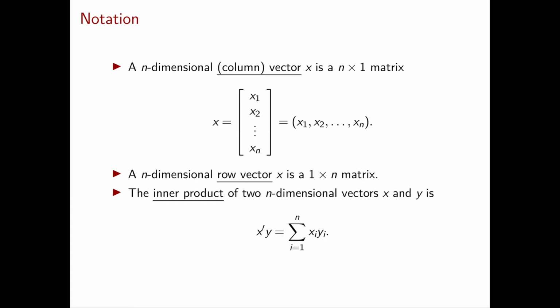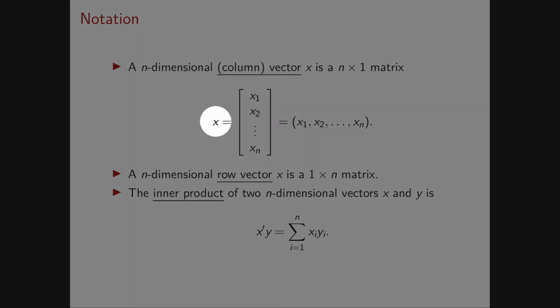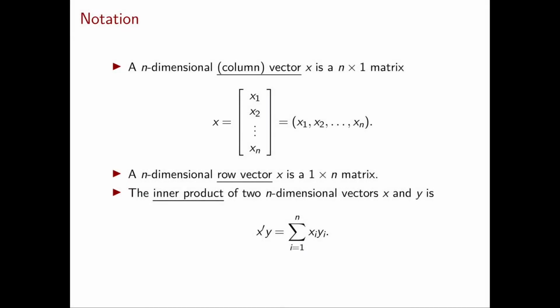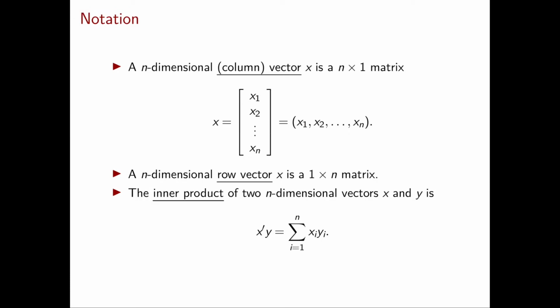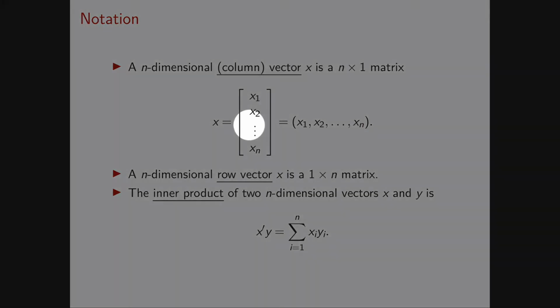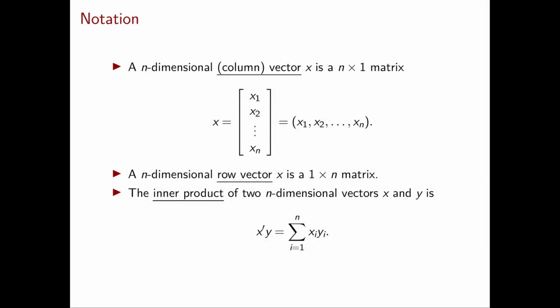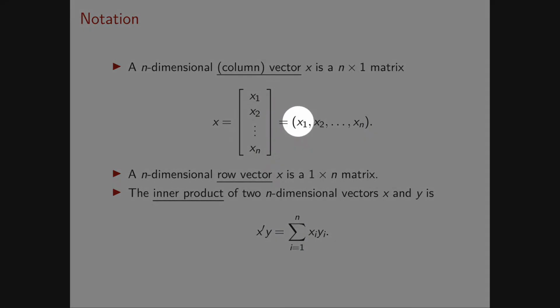A very special type of matrices is given by vectors. So a vector is essentially just a matrix with only one column. So we can write it exactly as a matrix with only one column. For ease of notation, throughout the course, most of the times we're not going to write a vector in this way because it takes a lot of space. Instead, we're going to write it in this way.